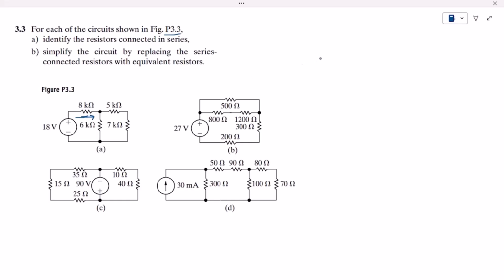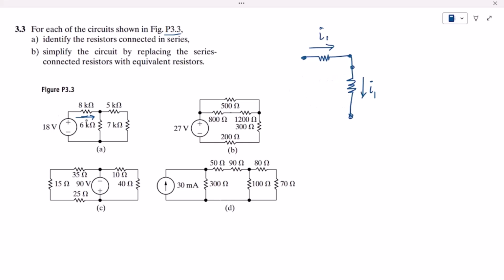If this is the resistor and the other one is this one, these two will be in series with each other. If the current flowing through this one is I1, the same current will flow through this one as well. Okay, so these two will be in series if the same amount of current is flowing through them.